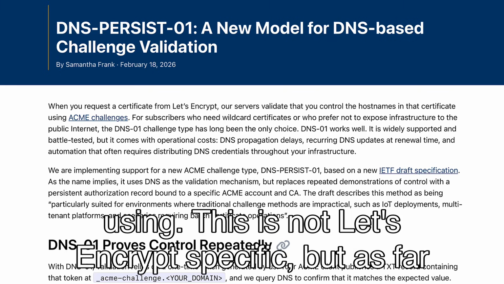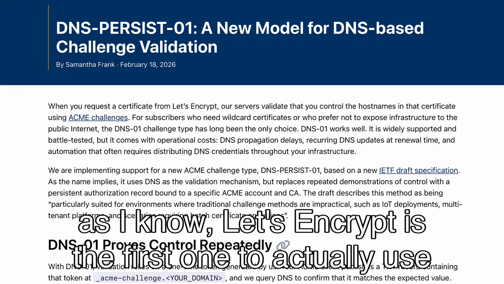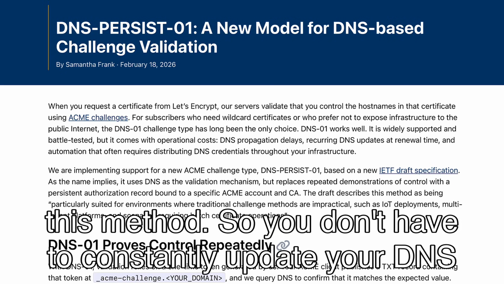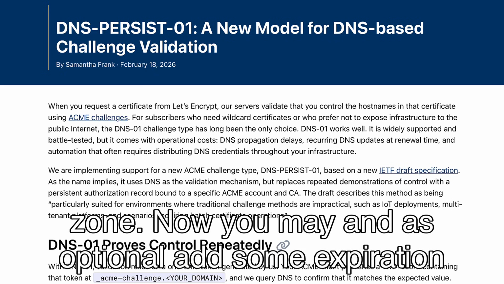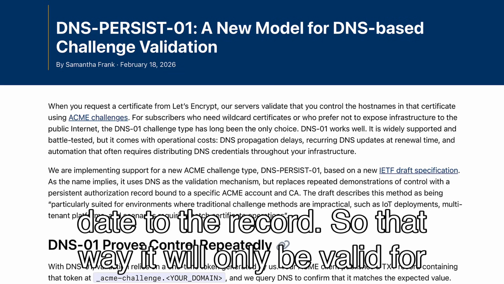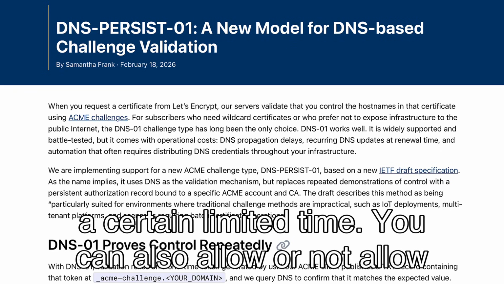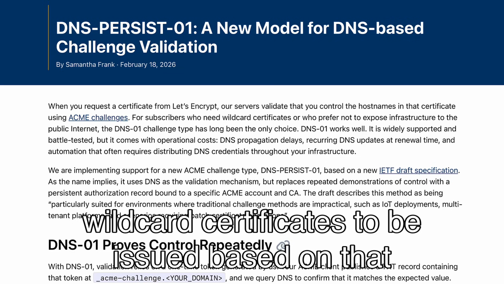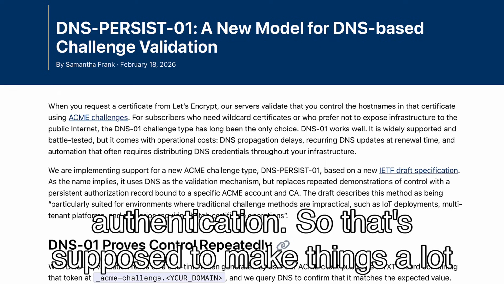This is not Let's Encrypt specific, but as far as I know, Let's Encrypt is the first one to actually use this method. So you don't have to constantly update your DNS zone. Now you may, as optional, add an expiration date to the record. So that way it will only be valid for a certain limited time. You can also allow or not allow wildcard certificates to be issued based on that authentication. So that's supposed to make things a lot simpler.